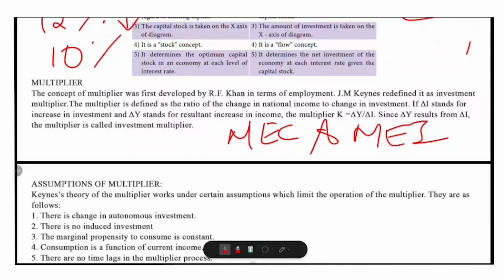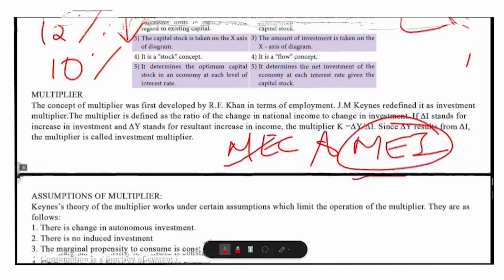MEC deals with the profitability of one more capital asset, and MEI deals with the profitability of new total investment. And MEC is a stock concept related to total capital stock at a point of time, while MEI is a flow concept related to the flow of new investments over time.